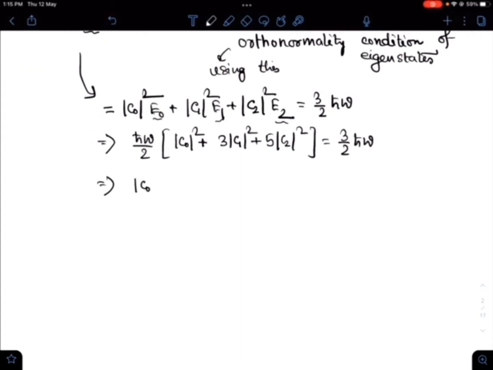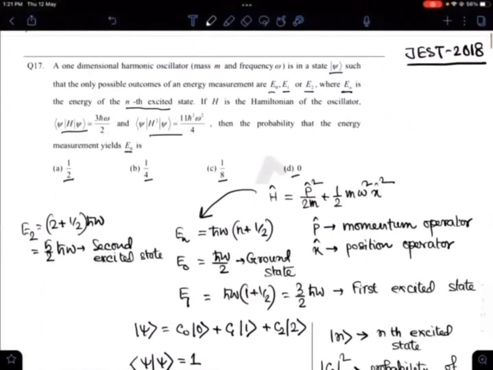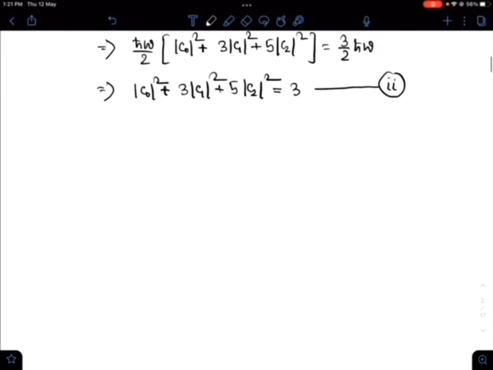Simplifying more, we will get C0^2 + 3 C1^2 + 5 C2^2 equal to 3. So this is our second condition. Now we have been given another condition, let me write the condition first.